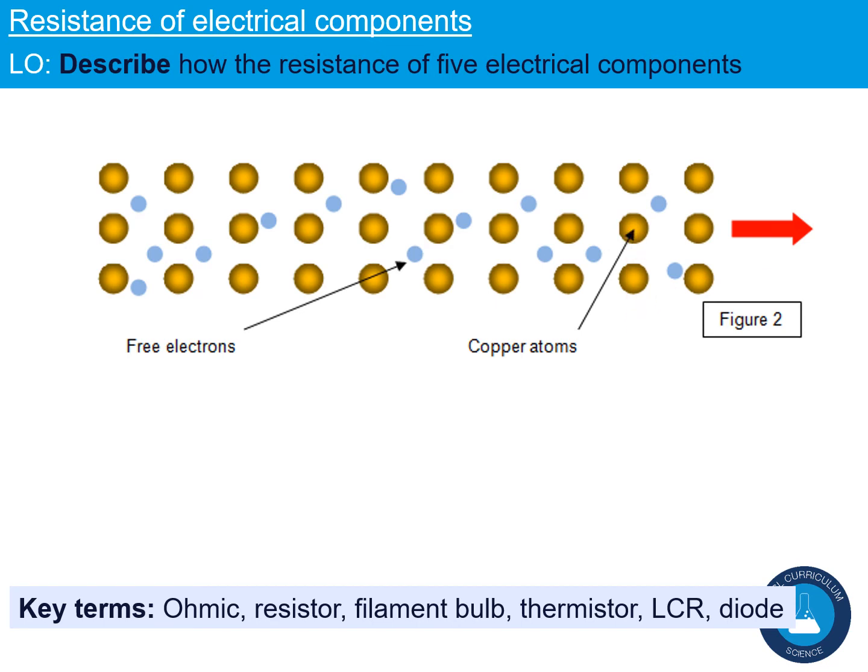Because they are vibrating more, it is harder for the electrons to pass through because it increases the frequency of collisions with the atoms. The electrons will physically collide into the atoms, making it harder for them to move through. And this means the current will be lower because the resistance has increased.